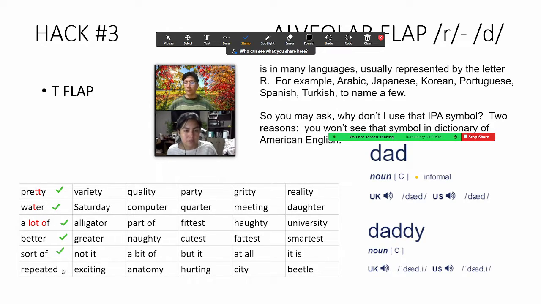Soda. Repeater. Repeat it. Variety. Variety. You need to open your mouth a little bit. Variety. That's perfect. Saturday. Yes, great.